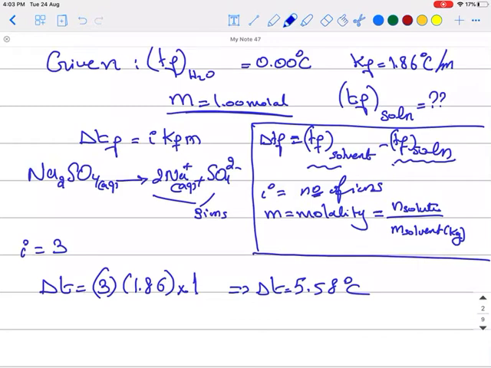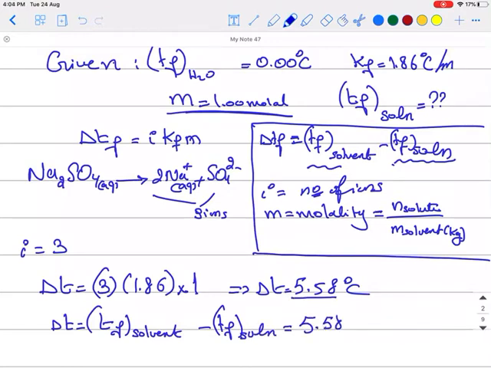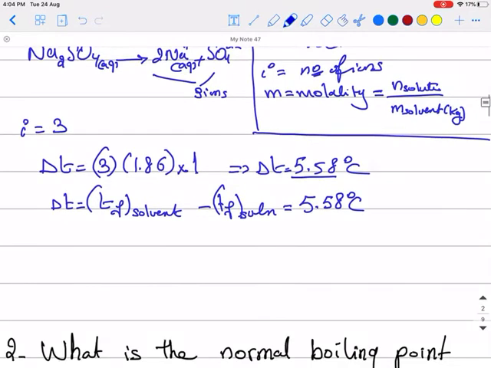Now let me find the freezing point of the solution. We know that delta T equals T freezing of the solvent, here water, minus T freezing of the solution, which is equal, as we calculated, to 5.58 degrees Celsius. Just a simple substitution.